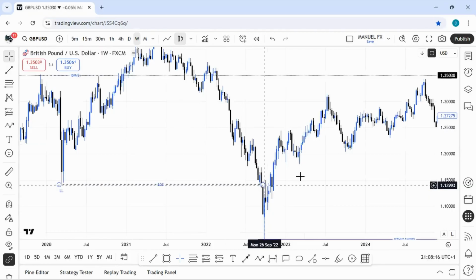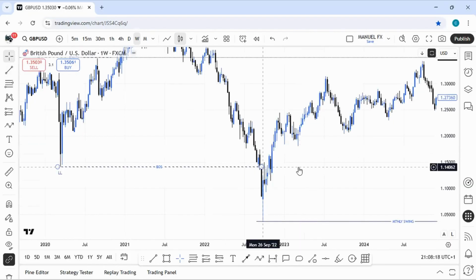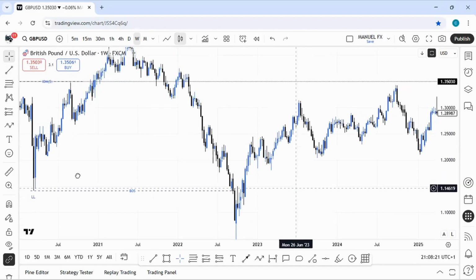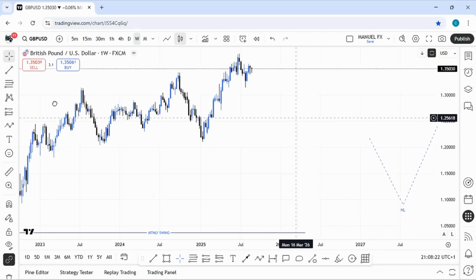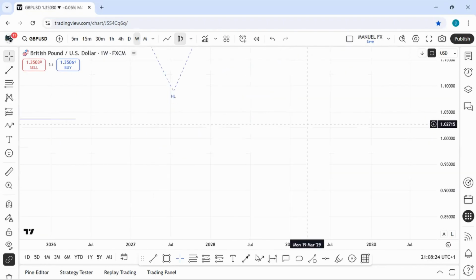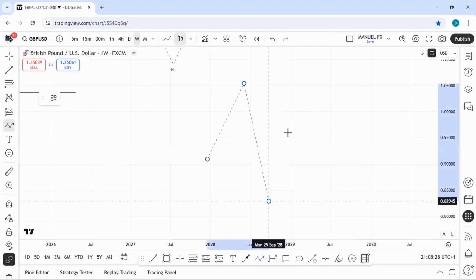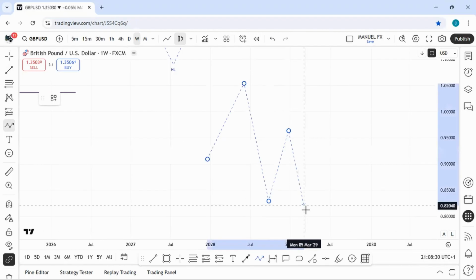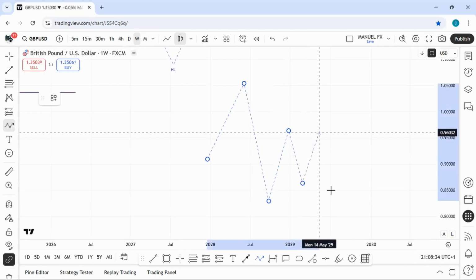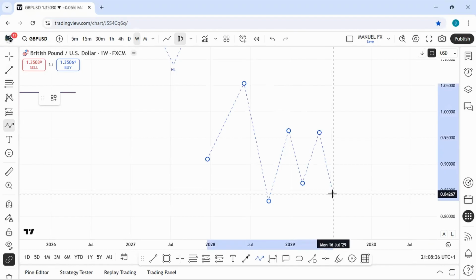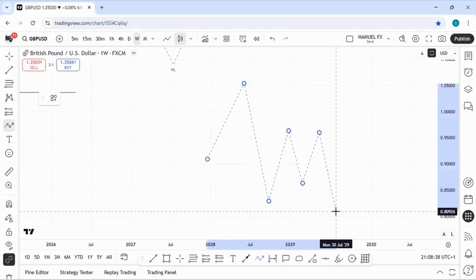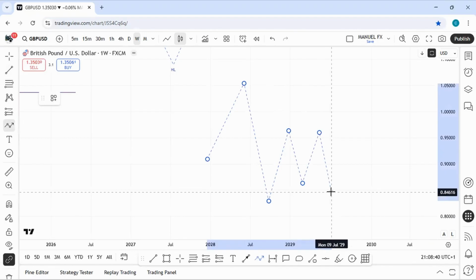So price will take out an inducement before or after a break of structure. And for a downtrend, this is a break of structure, this is a retracement move. This is before. Right? Yeah, this is before.